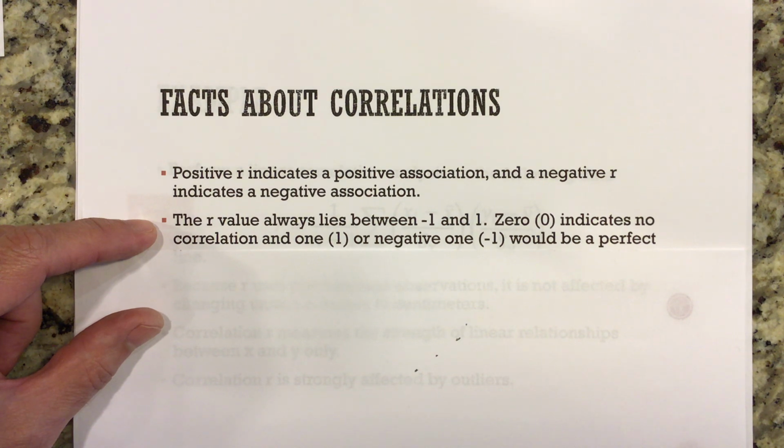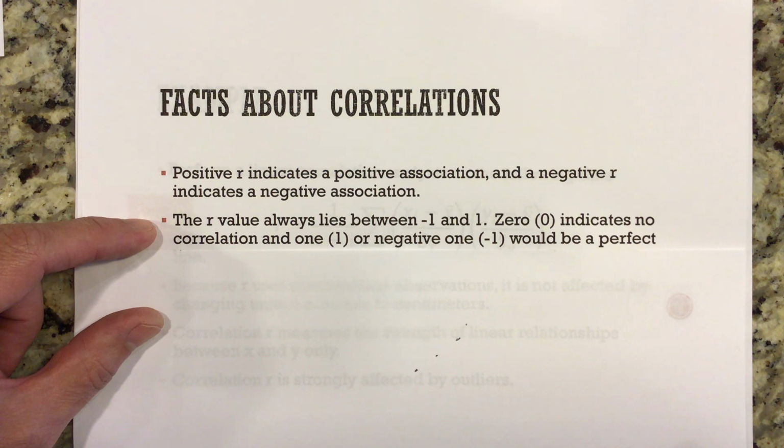Now, the further you are from -1 or +1, or in other words, the closer you are to 0, the weaker your relationship, the weaker your correlation or strength. Now, don't expect to see 0. To get 0 is very difficult.